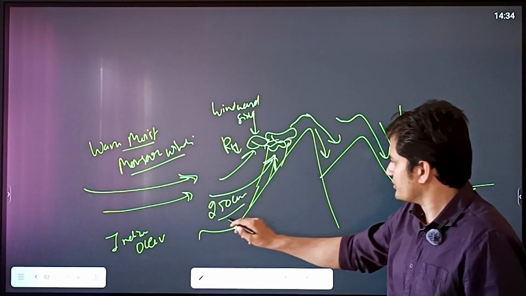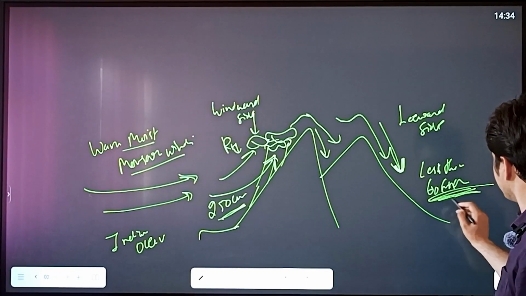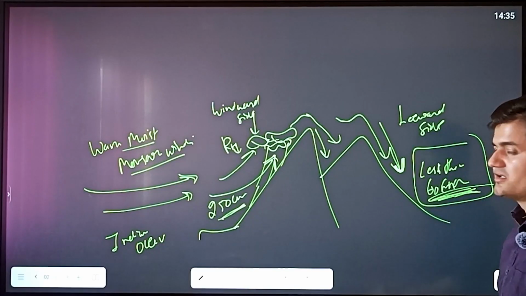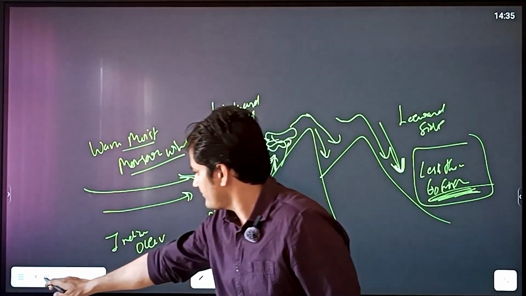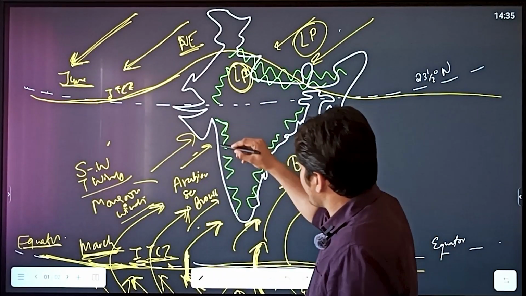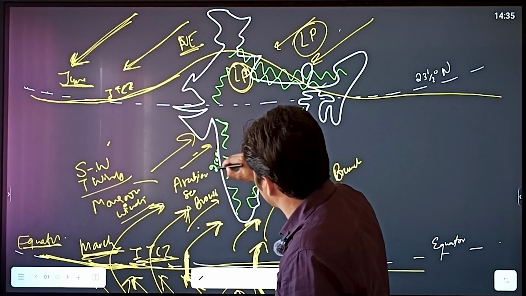So here we have more than 250 centimeters of rainfall, and just behind the Western Ghat region, we have the rain shadow region, and this will result in less than 60 centimeters of rainfall. So here we have 250 centimeters of rainfall.